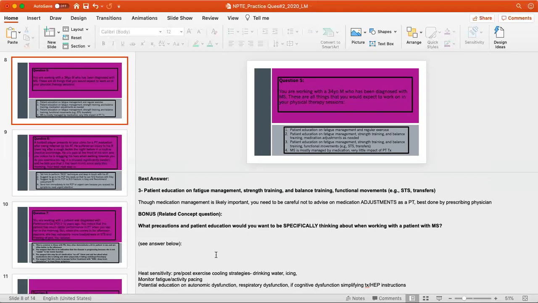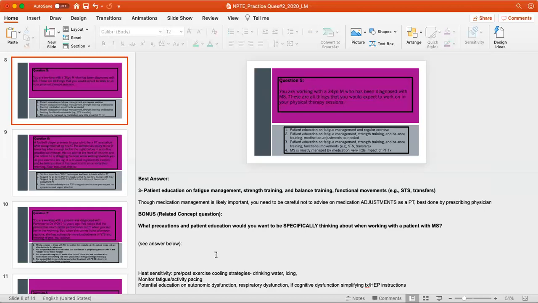So drinking cold water, drinking ice water, placing ice packs or cool towels on their neck or head, fans, all things like that can be helpful. We're working on activity pacing, monitoring fatigue, talking about energy credits with these individuals for the day so that they aren't blowing through their energy stores and just totally wiped out for the day or the next day.